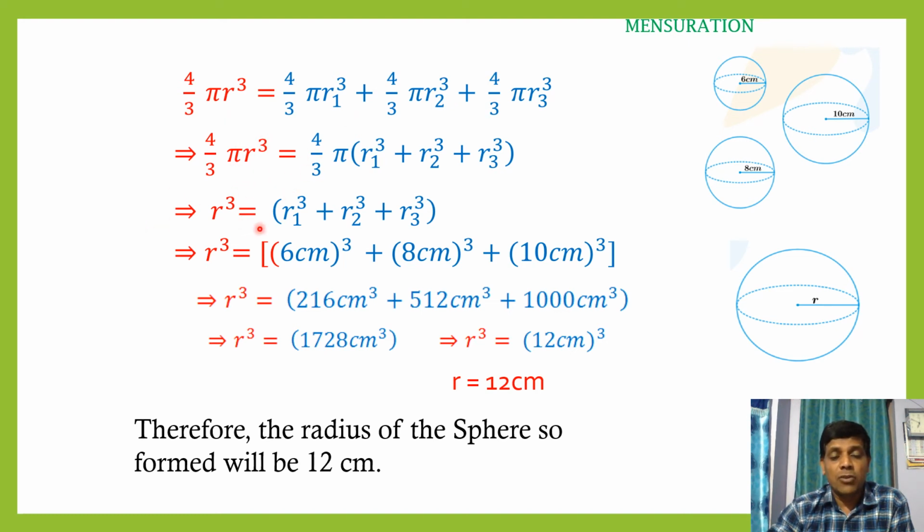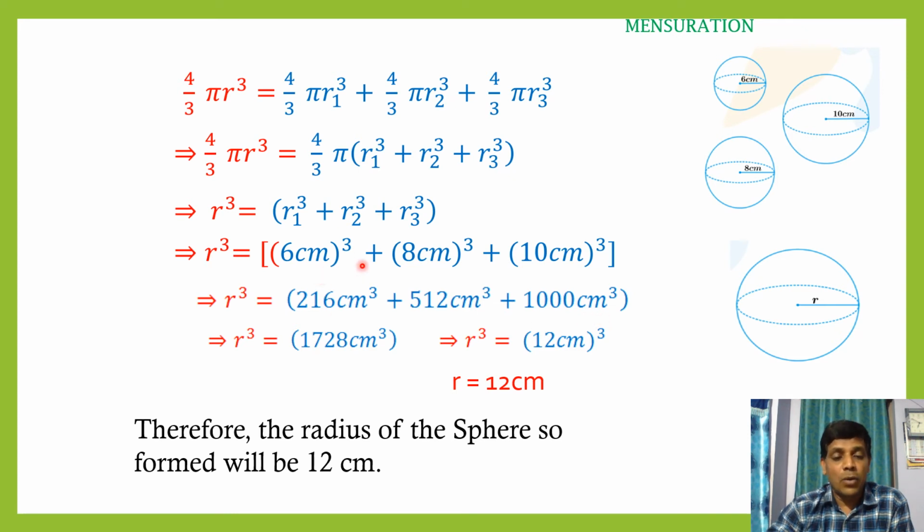Remaining R³ equals R1³ plus R2³ plus R3³. Next, R³ equals 6 centimeter cube plus 8 centimeter cube plus 10 centimeter cube. 6 cubed means 6 into 6 into 6, 216 centimeter cube. 8 cubed is 8 into 8 into 8, 512 centimeter cube, plus 10 into 10 into 10, 1000 centimeter cube.